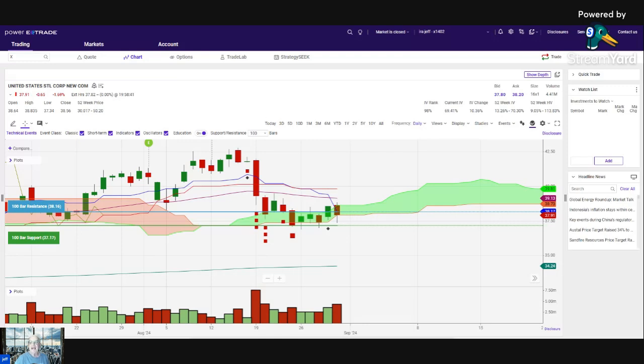I want the average volume over 1 million. I want the market cap over 2 billion. I want a red candle. It says black, but it's red. And if it meets all these, it will come up in the scanner.